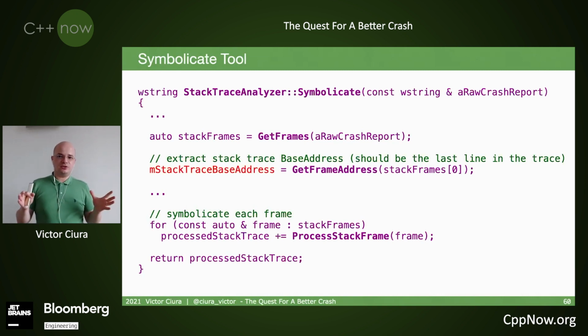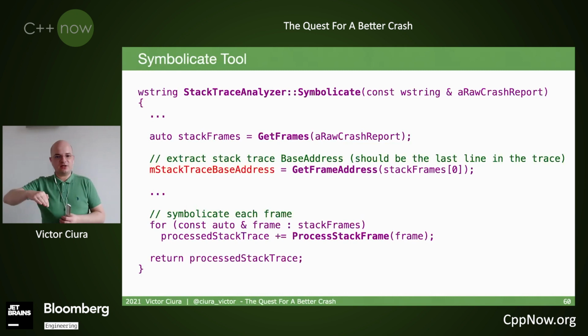And the symbolicate function that we've seen earlier, it's actually very simple. Once we have all the bits nicely separated, you get all the stack frames, and you get the frame address for the first frame. And this would be the base address, the one I mentioned that is important for ASLR.